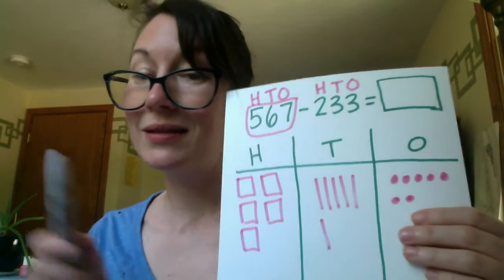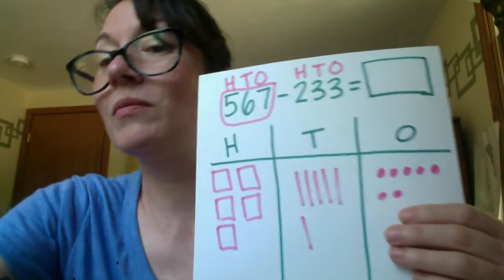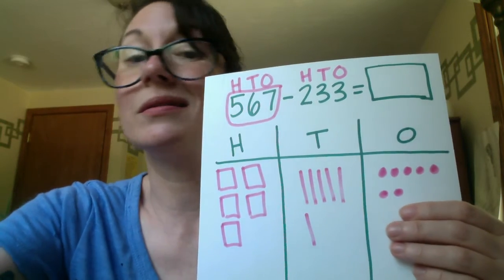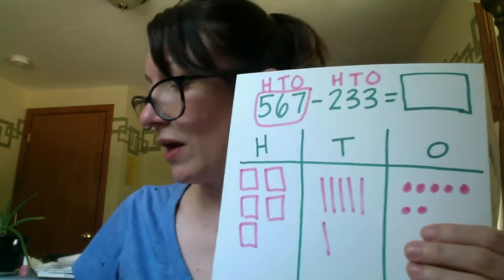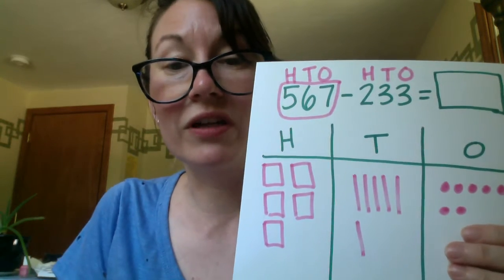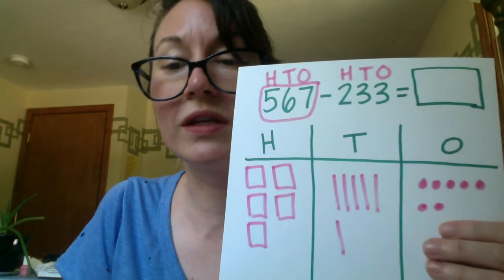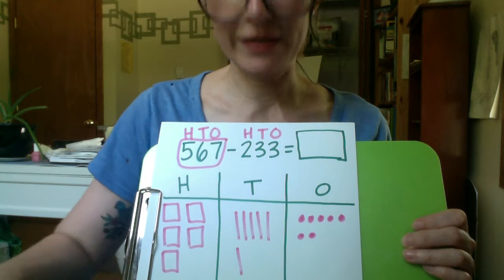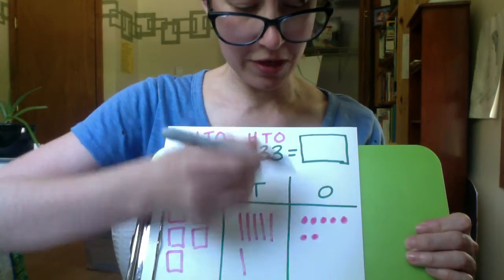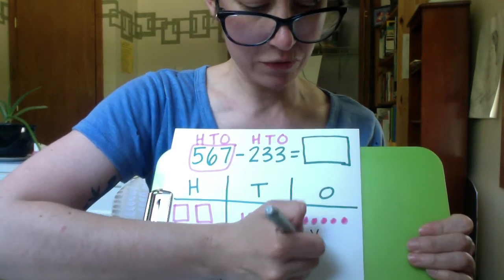Now, I always like to start with my ones when I'm taking away because, I don't know, I just do. That's what I like to do. So let me go ahead. And you know what? I'm going to use a different color for this just so you can see it a little bit easier. All right, I'm ready to take away. So 3 ones, I'm just going to take away 3 ones.